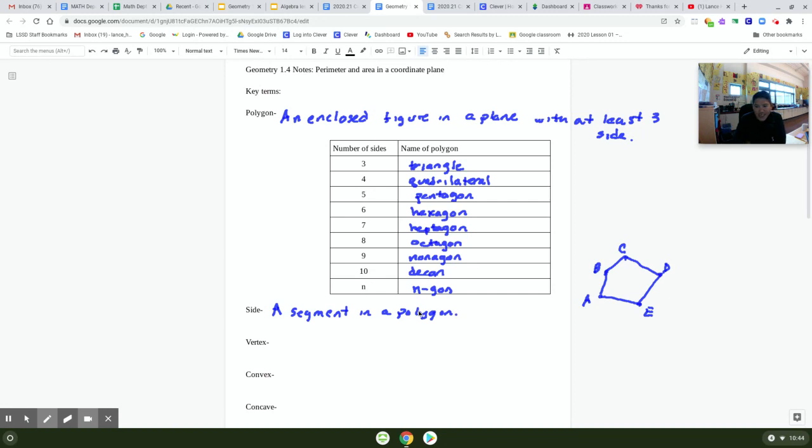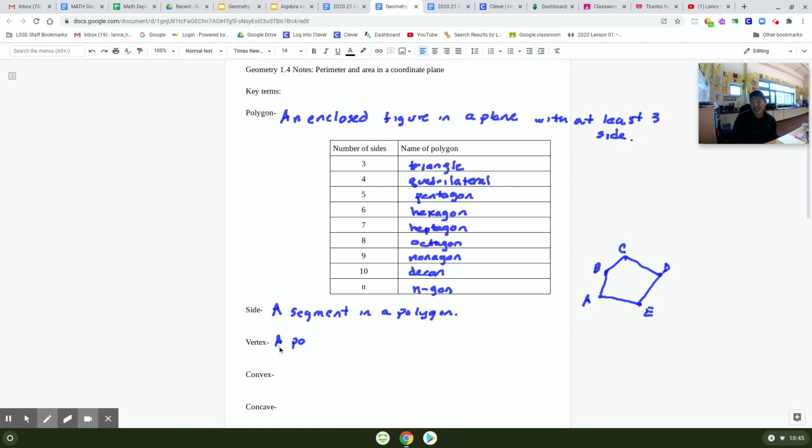Where two sides intersect or meet, for example, side AB meets side AE at point A. Each of the points of intersection of two of the sides of the polygon are the vertices. So that's plural. Singular is vertex. A vertex is just a point of intersection of two sides of a polygon.